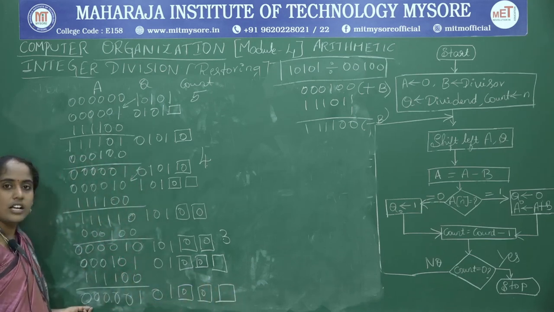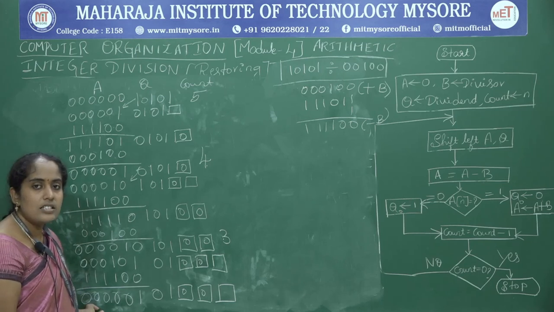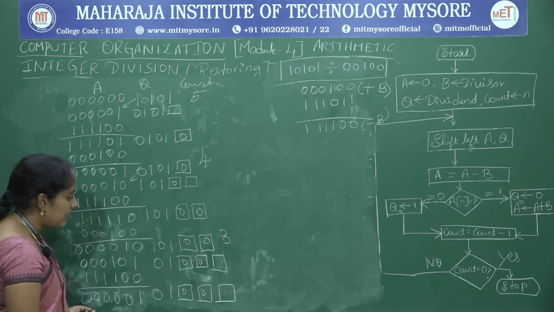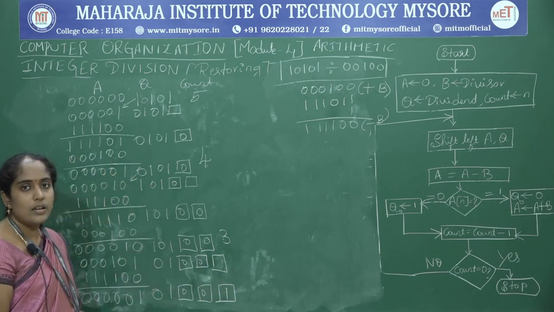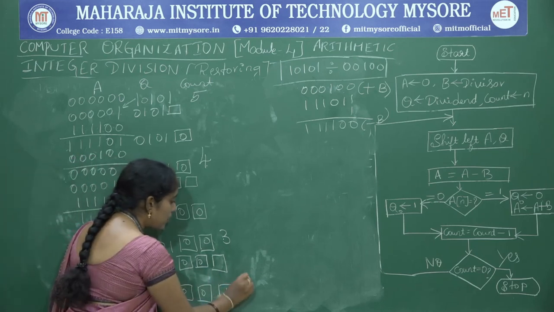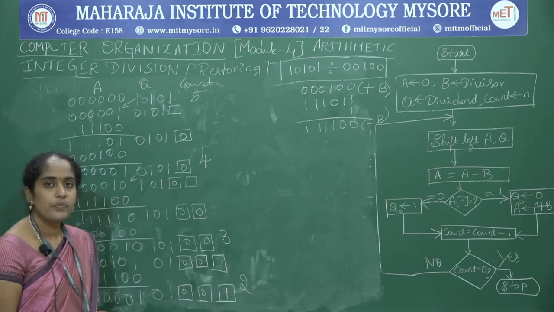Now here check the sign bit of A. Here the sign bit of A is 0. In that case set Q0 to 1. Then decrement the count value. Now count will become 2. Okay.